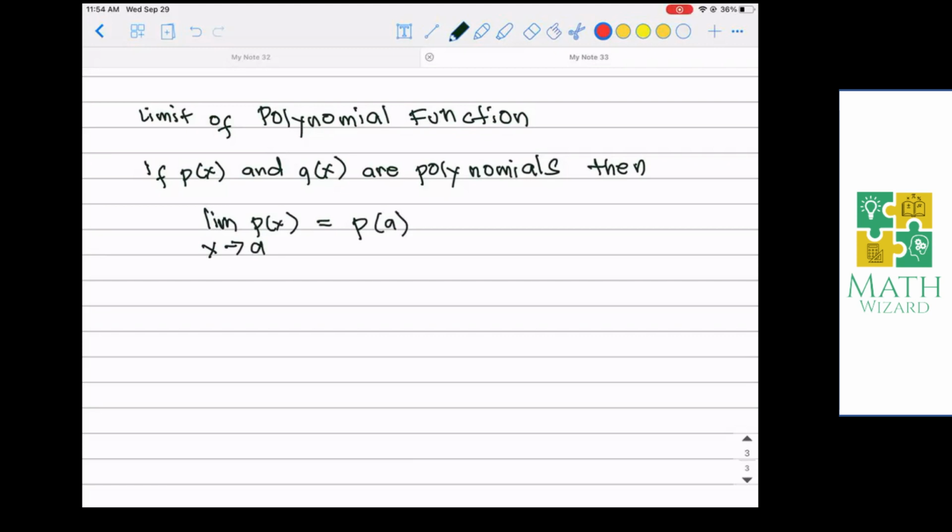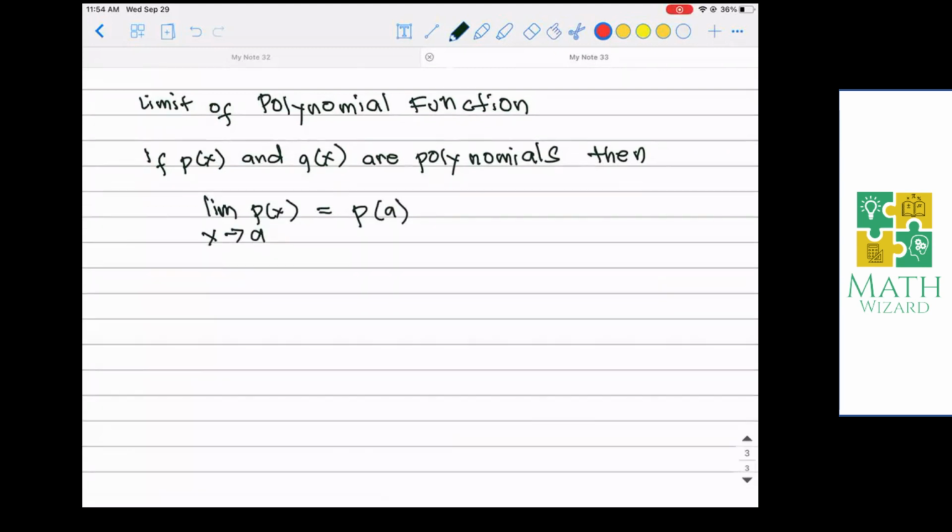Ito ay shortcut on how we are going to find the limits. Sinosolve siya ng ganito, pero this does not apply to all.